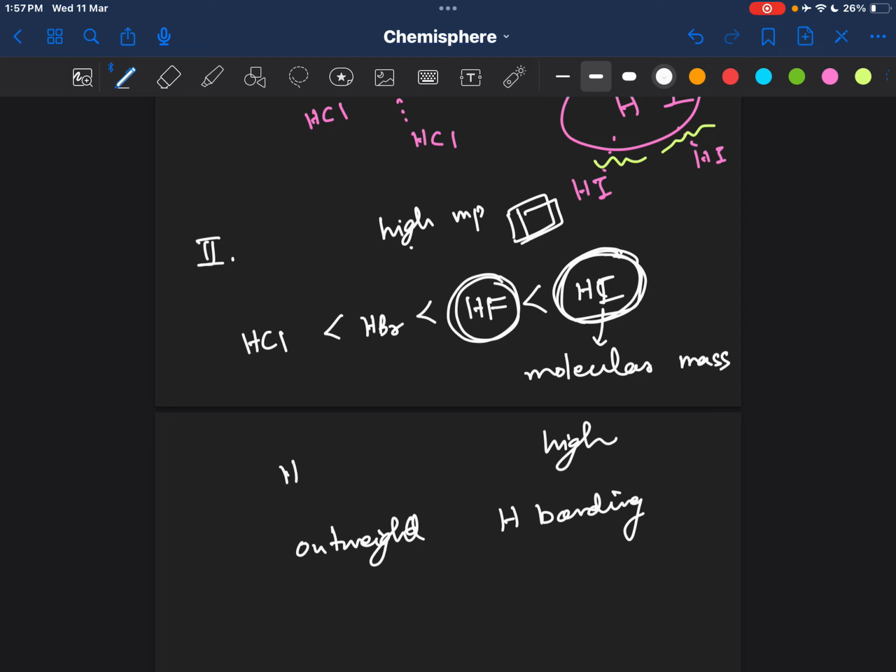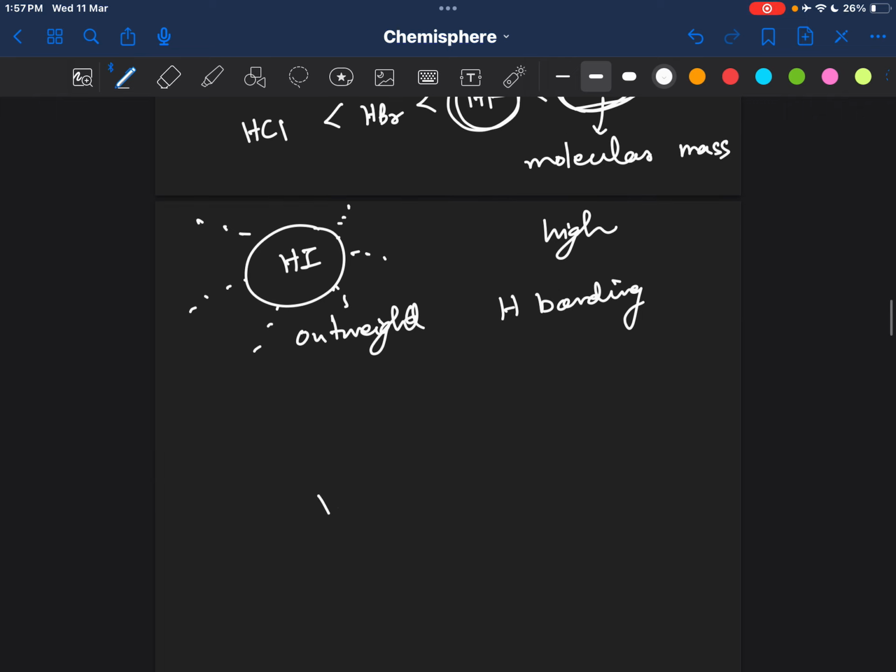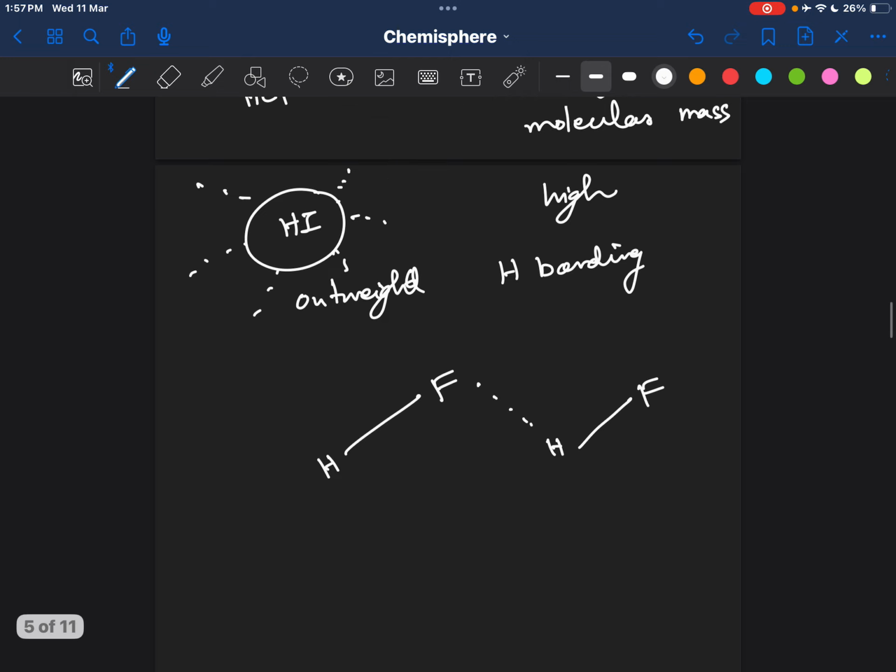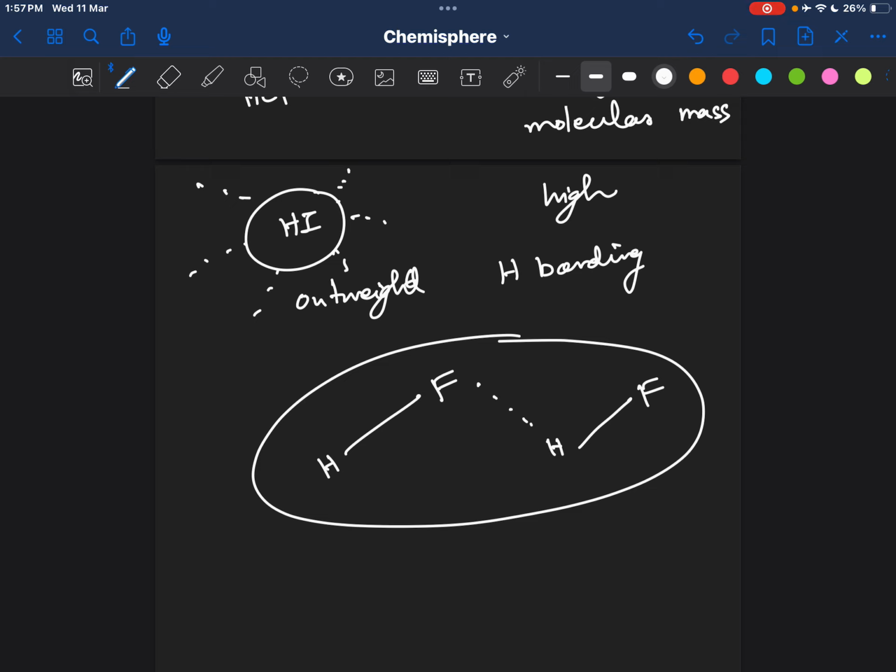More molecules are associated with it to form a very densely packed structure. In HF you can have this kind of structure, but if you follow the hydrogen bonding scheme in the solid state, it's not a very good packing, which therefore doesn't result in a very high melting point.